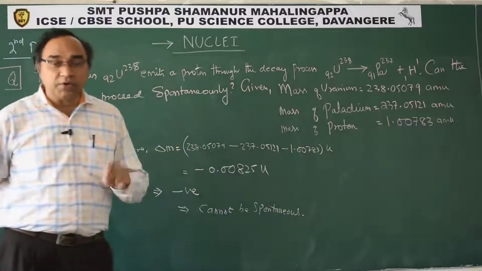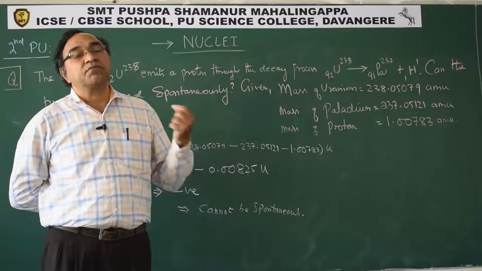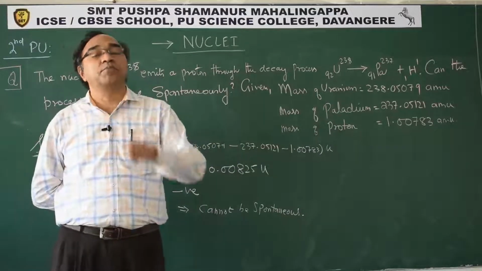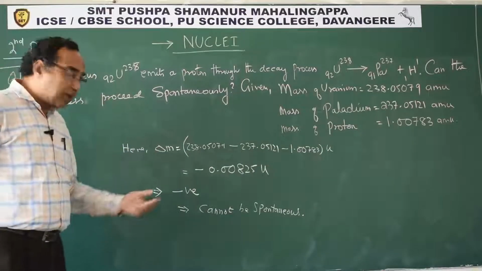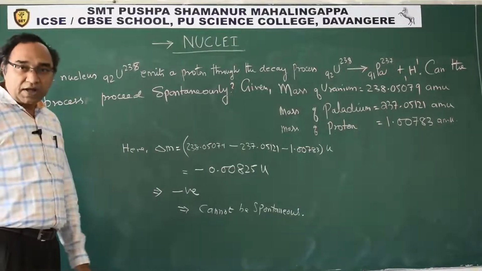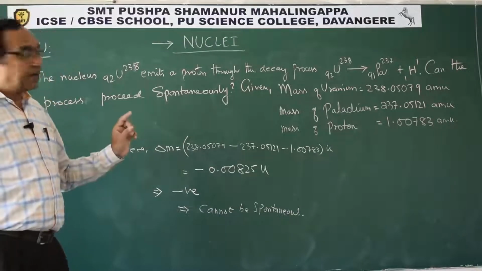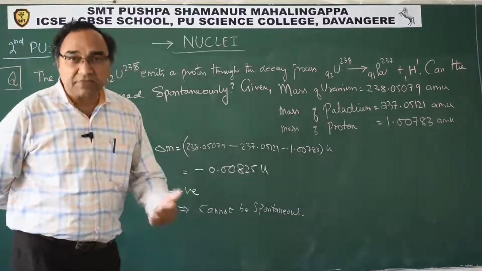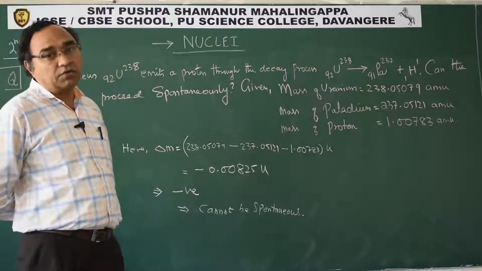Now if Q value is positive, the reaction will proceed spontaneously. If the Q value is negative, the process cannot proceed spontaneously. So that also is calculated by finding the mass defect. So it is always advisable to find the mass defect. How? Reactant minus product, check whether it is positive or negative, and then we can draw a conclusion.